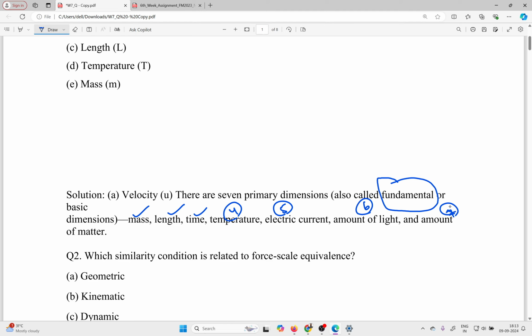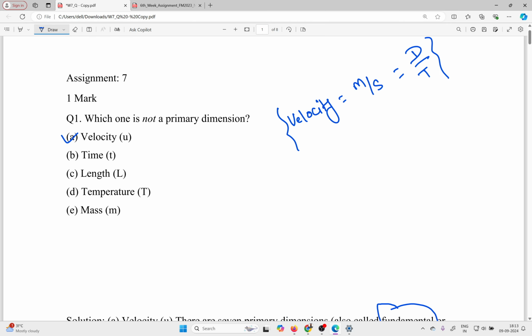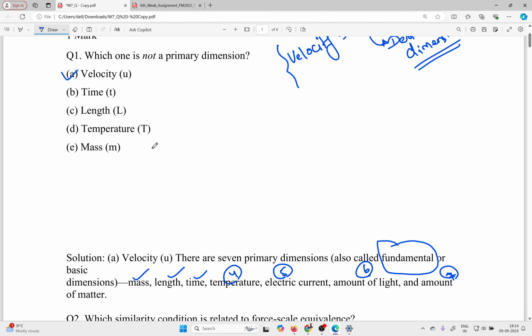So remember please, your primary dimension is only 7. Velocity is the derived dimension, that is the meter per second is the derived. So later we use these things, velocity, when we study the similitude.